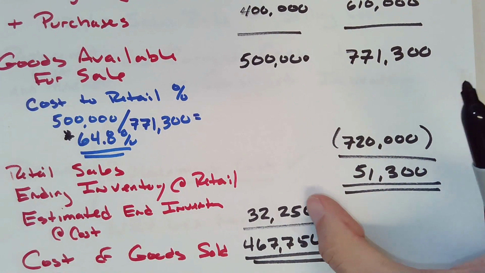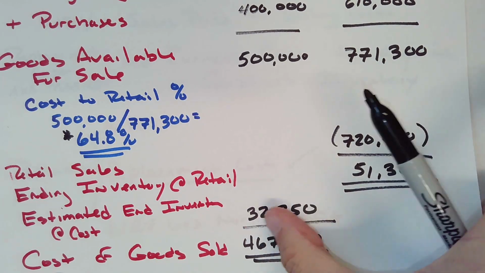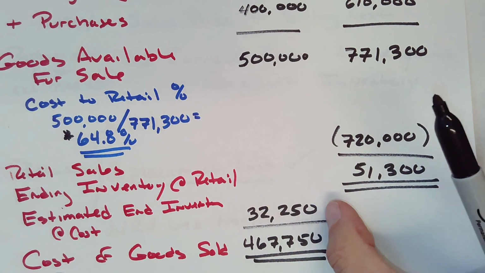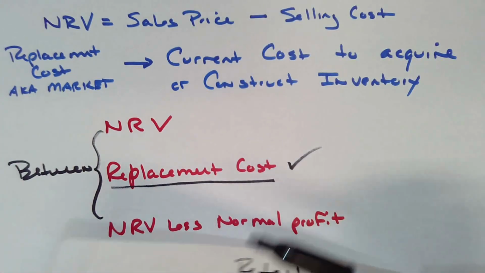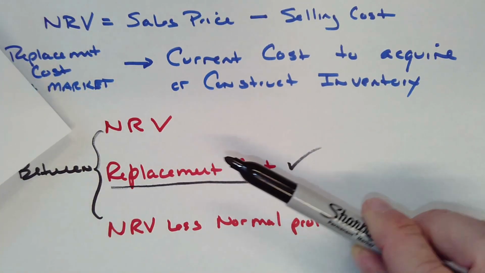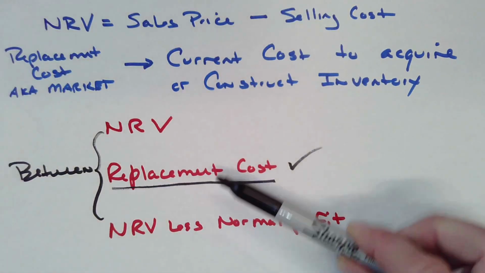Take the sales price times whatever the percentage is. That's what that item is currently sitting on the books. And if that replacement cost is now less than what I had it on the books for, I'm going to write it down.